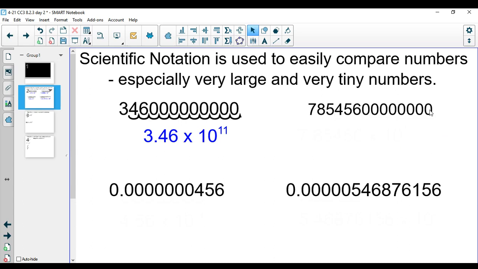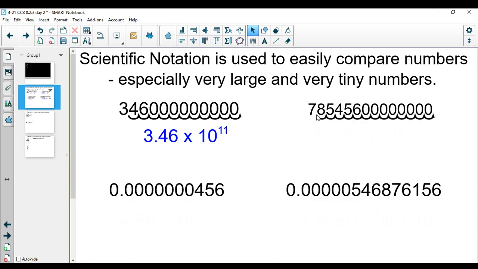If I look at this problem, I would start off with 7, one digit in front of the decimal. I would put my decimal point here, and then I would count how many places I'm going to have to move the decimal over. 1, 2, 3, 4, 5, 6, 7, 8, 9, 10, 11, 12, 13. So I count how many places the decimal is going to move over.